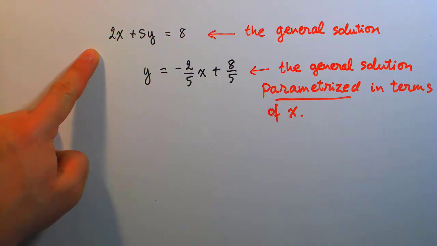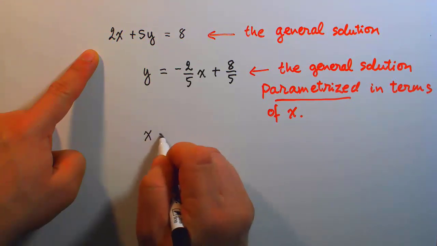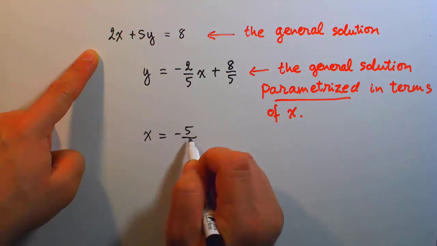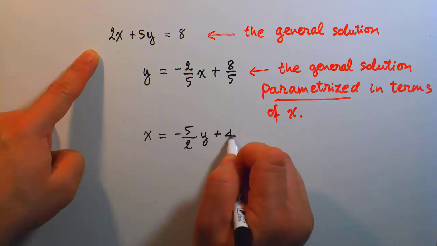The other expression we turned it into was x equals minus 5/2 y plus 4.